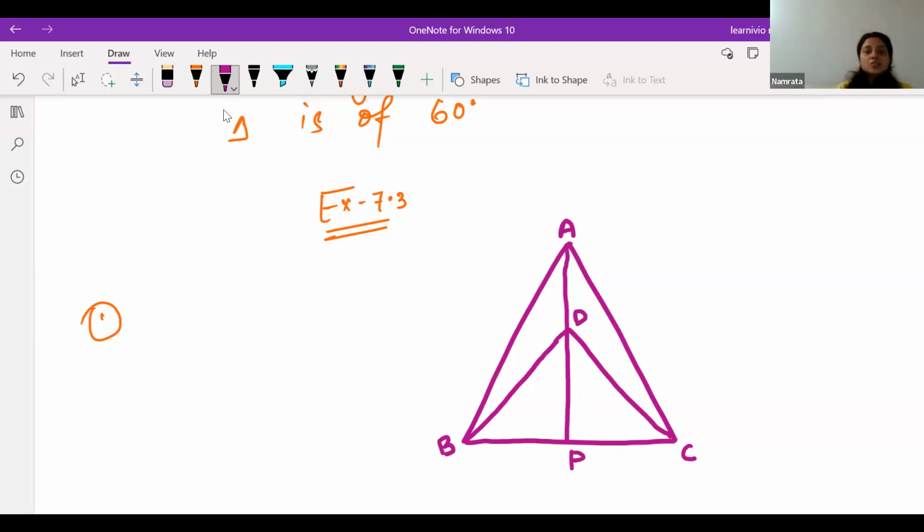And the instruction given in the question says that triangle ABC and triangle DBC are two isosceles triangles on the same base BC, and vertices A and D are on the same side of BC.